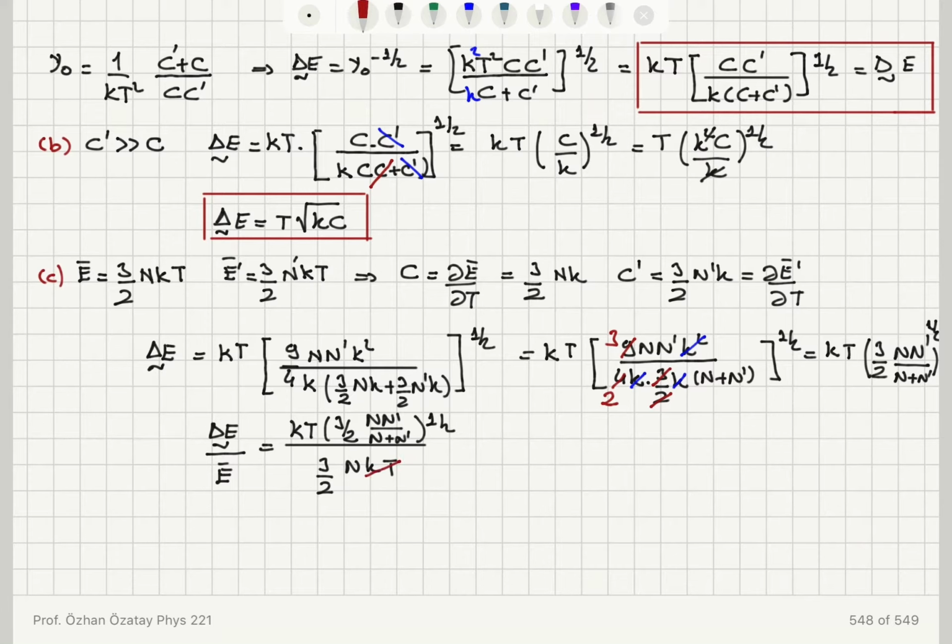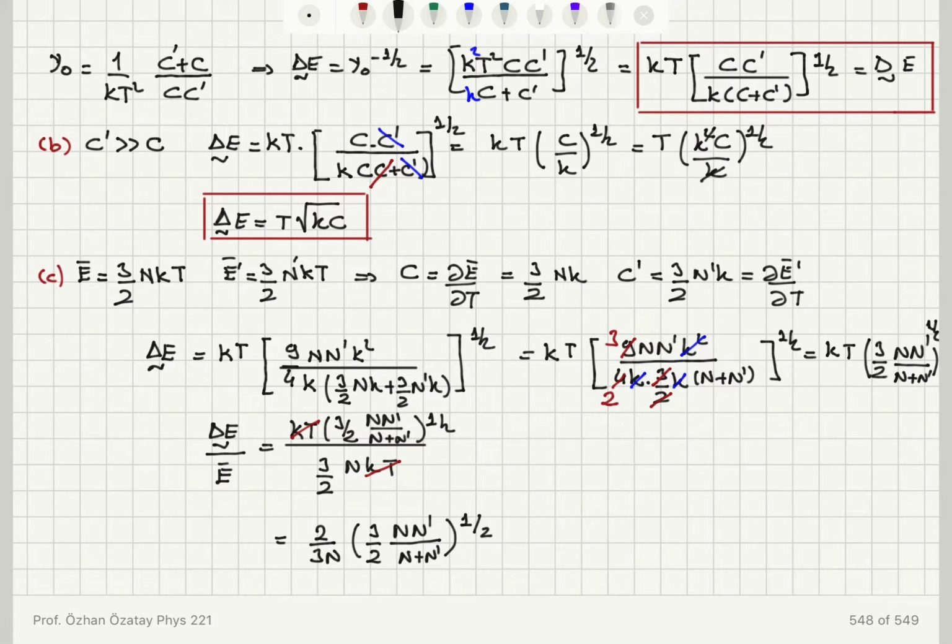So this kT and kT will disappear. So I will be left with 2 over 3N, times 3 over 2 N prime over N plus N prime to the power 1/2.